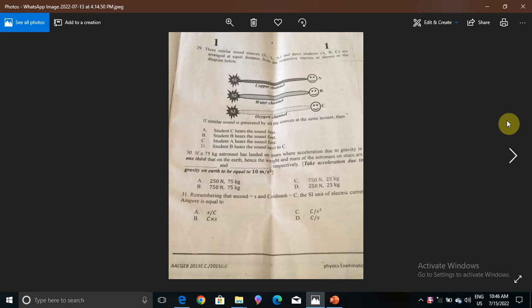If similar sound is generated by all the sources at the same instant, then: student C hears the sound first, or student B hears the sound first, or student A hears the sound first, or student B hears the sound next to C. The answer is C, student A hears the sound first because it's copper, which means solid. Water is a liquid. Oxygen is a gas. So the correct answer for question number 29 is C.